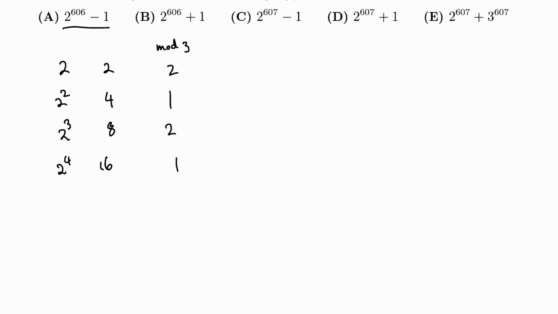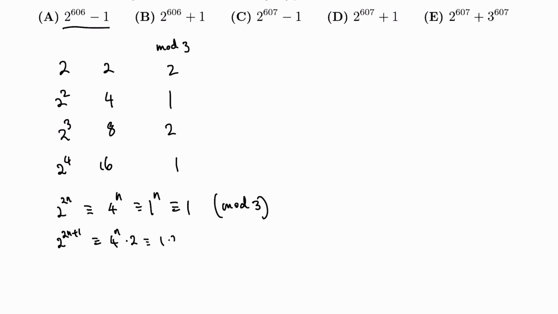And for modular arithmetic, for those of you who already know modular arithmetic, that would seem pretty obvious to you that if I have 2 to the 2n power, then we can convert it to 4 to the n, and because this is mod 3, 4 divided by 3 is 1, so it's 1 to the n, so that goes to 1, which means that if we have an odd power, then that is just going to be 1 times 2, or 2 mod 3.